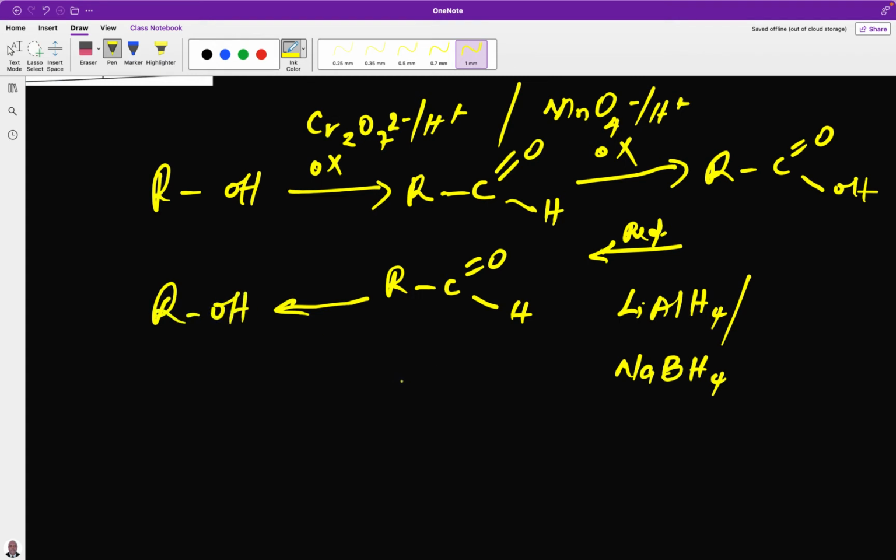So I am indirectly telling you that reduction is the reverse of oxidation.